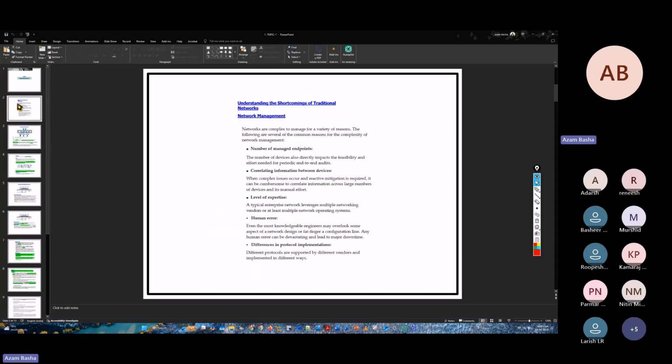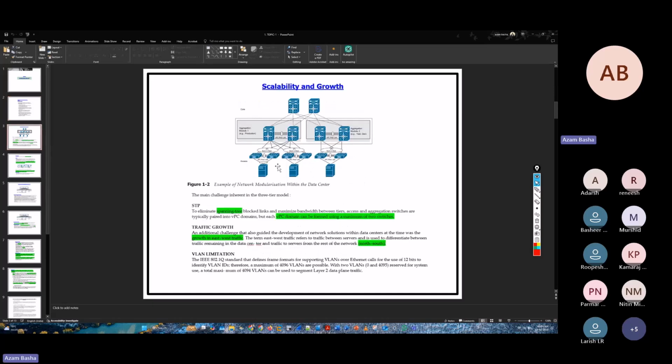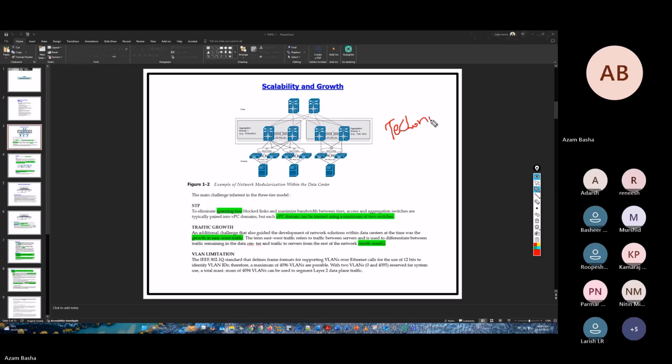So these are some shortcomings or downfalls of a traditional network. And to be specific in terms of technology and protocols, these are some of the downfalls. When it comes to STP, by default, STP is running on all L2 and L3 switches. Does anyone disagree on this?